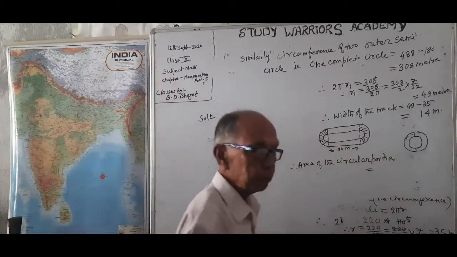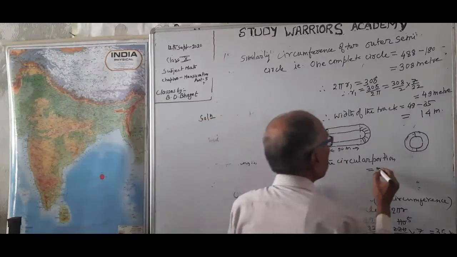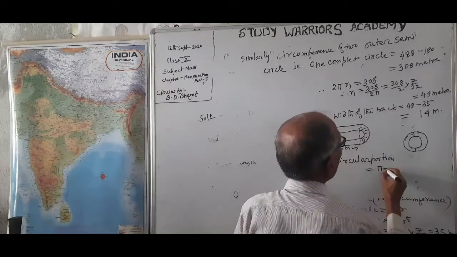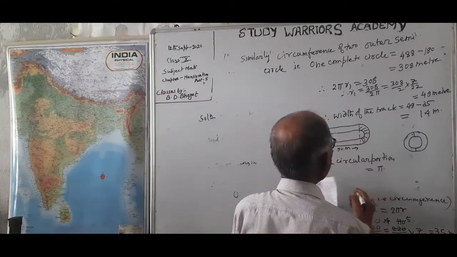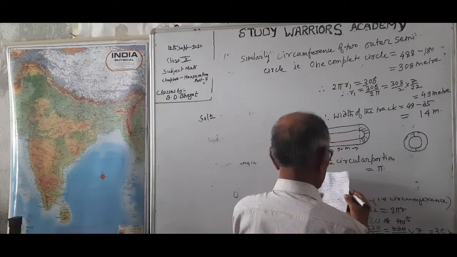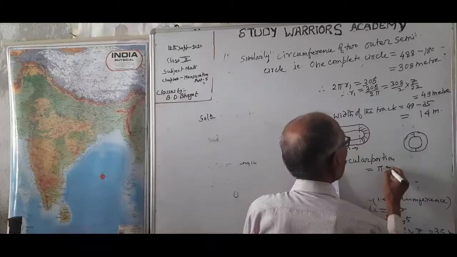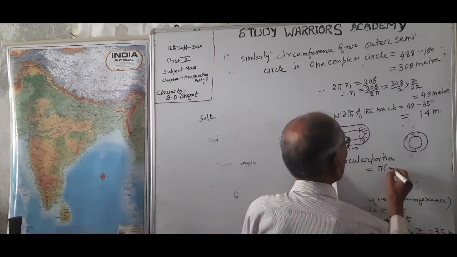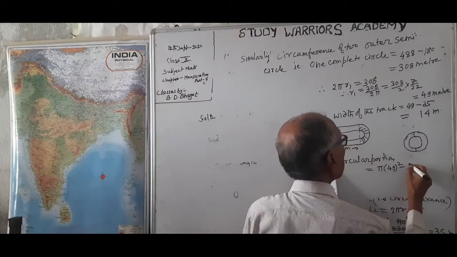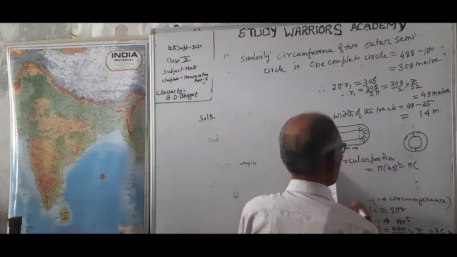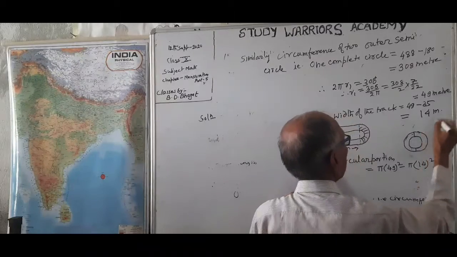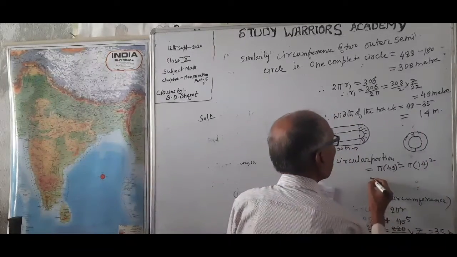So what will be the area? You know the formula, pi r square, pi into r1 square. Since r1 is the radius of the outer circle, it will be equal to pi into 49 square minus pi into 14 square, because the inner radius is 14 meter.